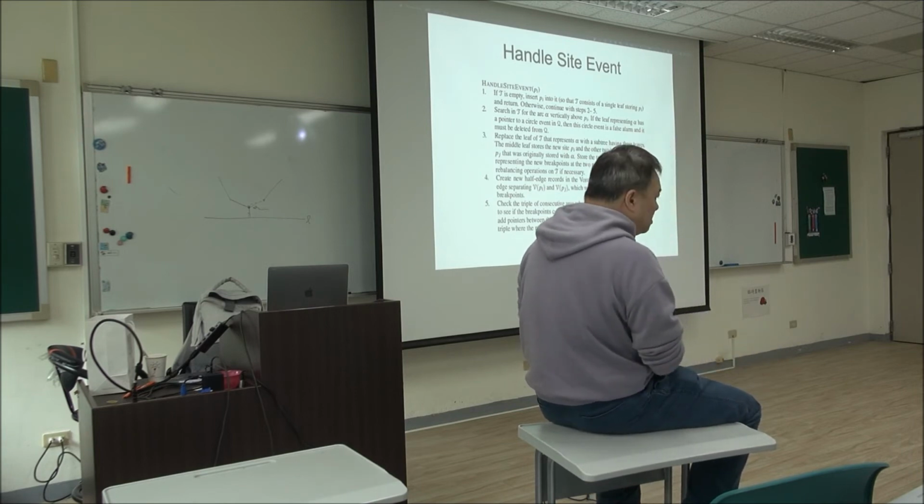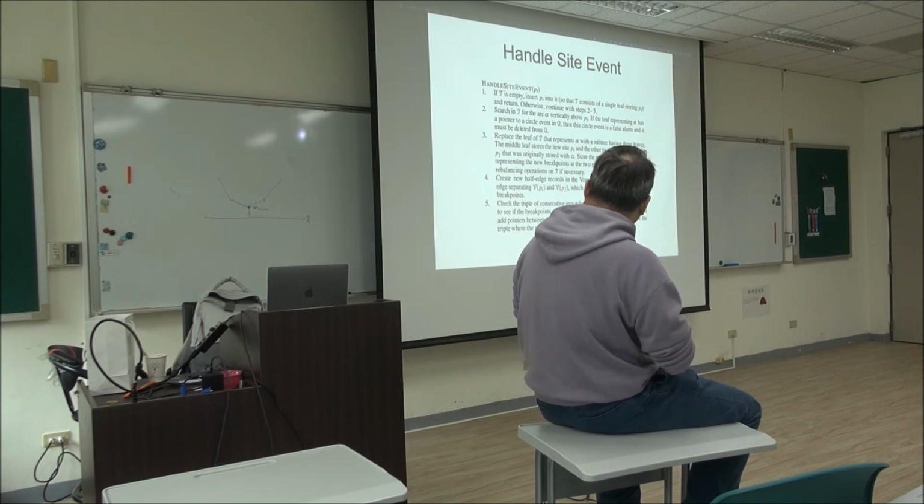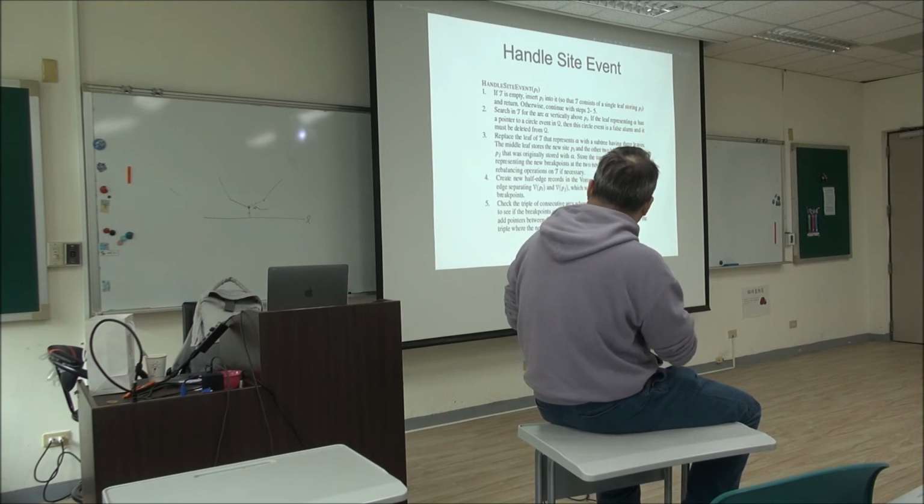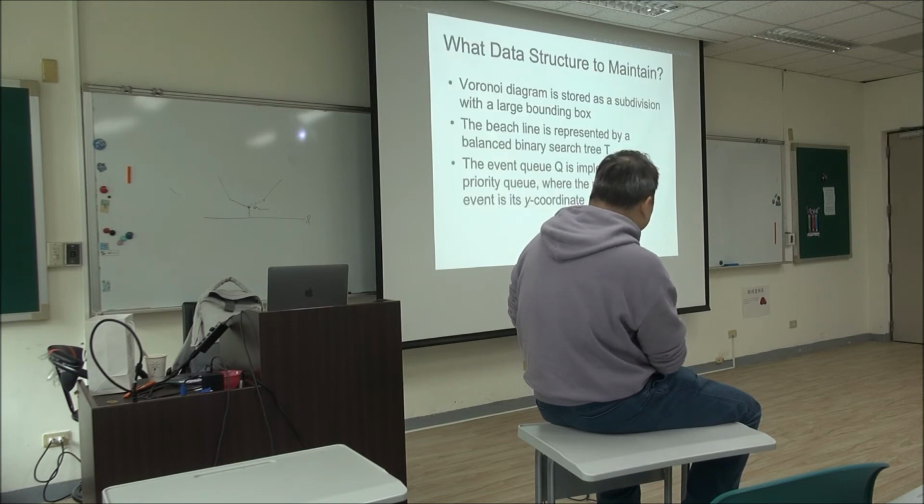Now, even though we have more types of events, as long as each type can be handled in constant time, then pretty much we just add those descriptions in the algorithm, and we don't need to worry about the complexity.